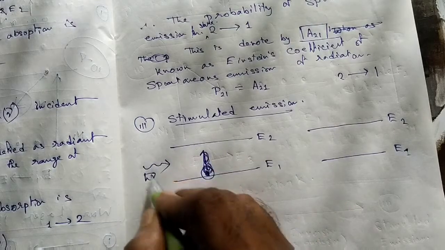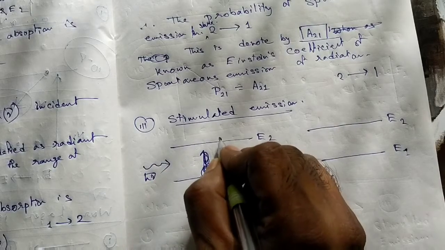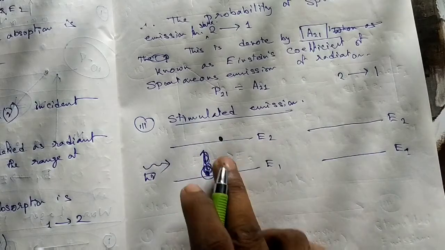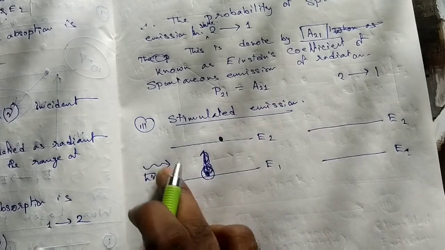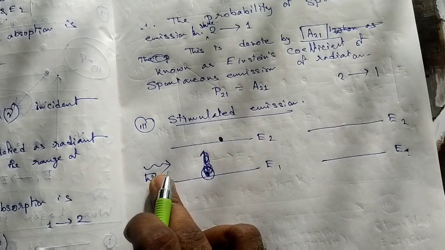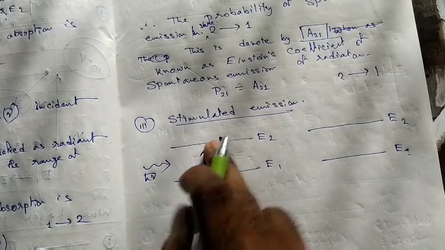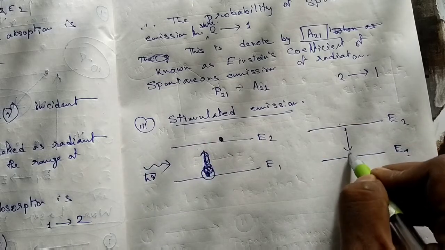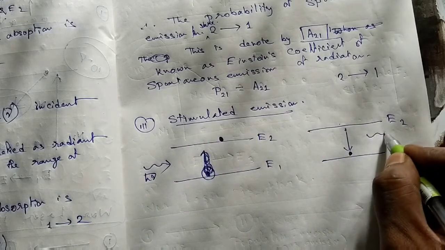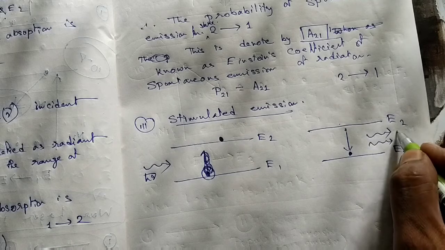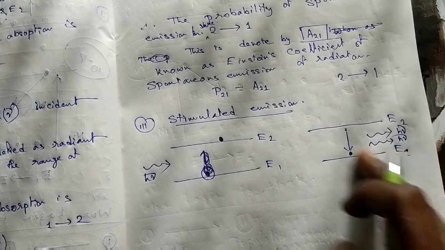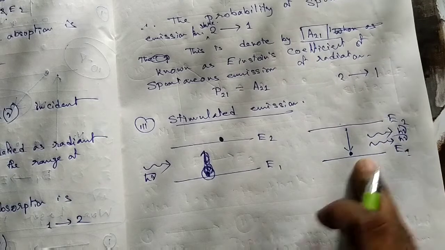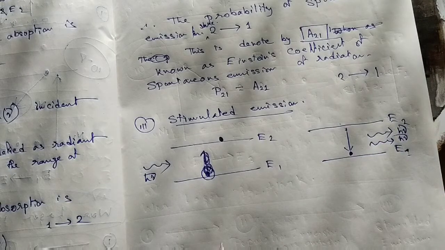So when you insert some atom already situated in an excited state E2, and when you put some external energy from the outside, due to this external energy this atom again returns to its initial state. That means 2h nu is getting out from this whole transition, and this method is known as stimulated emission.